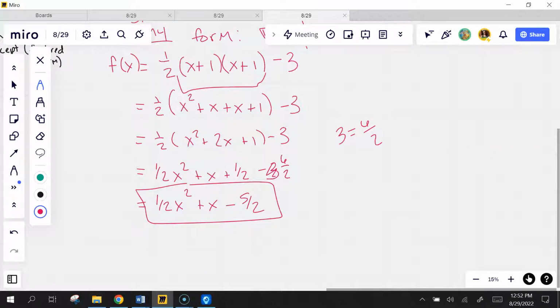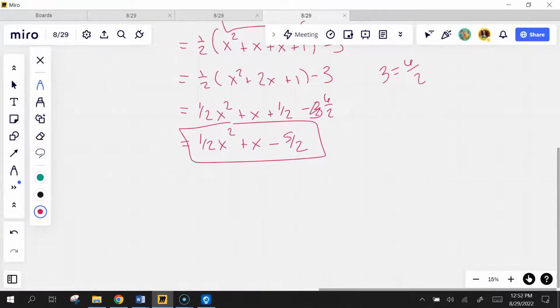You're not going to be able to see back there, are you, Robert? Plus 1/2, it said minus 3, but I scratched it out and made 3 6/2, because 3 and 6/2 are the same thing. I need them to have common denominators.